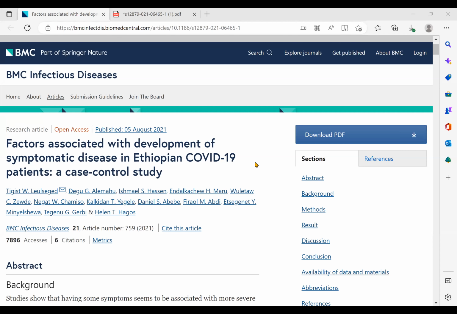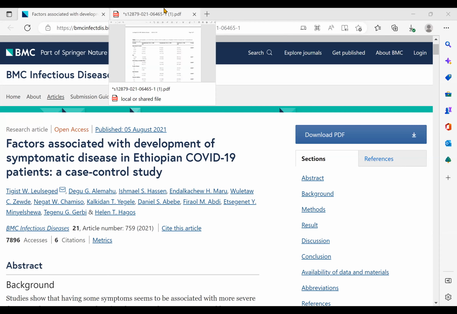So we started from the outcome, and we tried to assess their exposure, their other history, their prior medical history, and we tried to see if they have any similarity or difference. And at the end, we tried to make an inference if some of the factors are actually responsible enough to make the patient develop symptomatic disease and develop further severe or critical COVID-19.